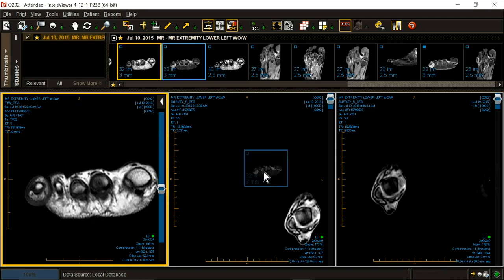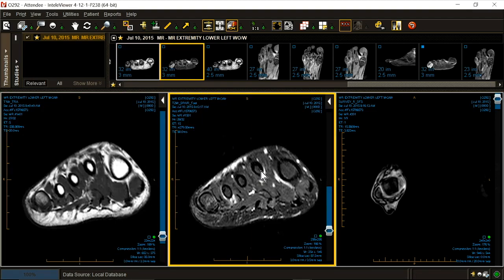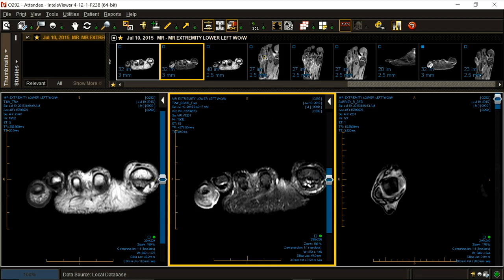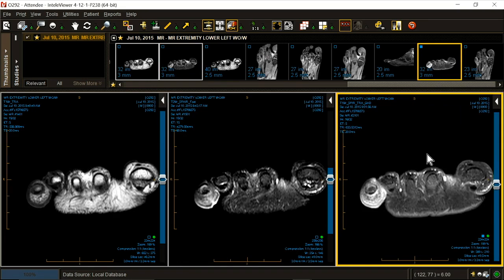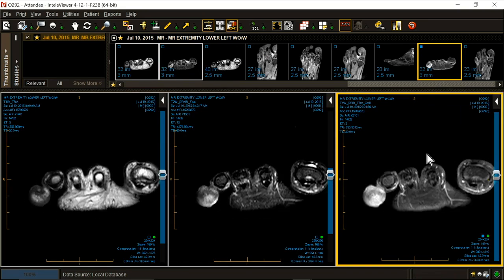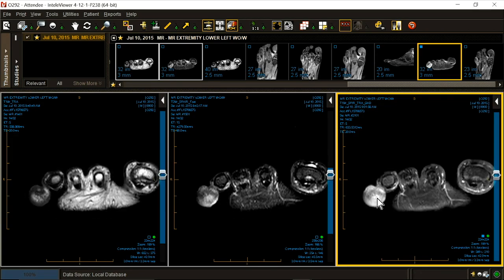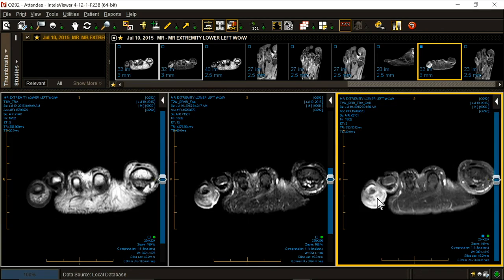We've got a short axis T1, a short axis water-weighted image. I think contrast was given. Contrast shows diffuse enhancement of the soft tissues. Did we need it? Of course we didn't need it.